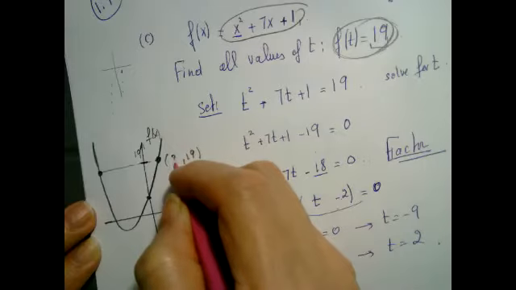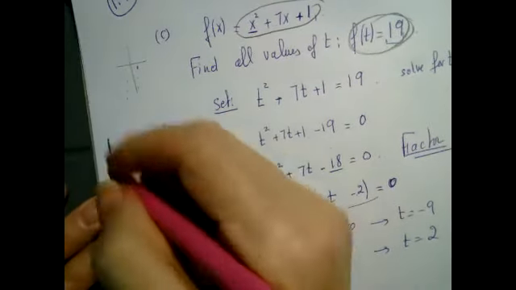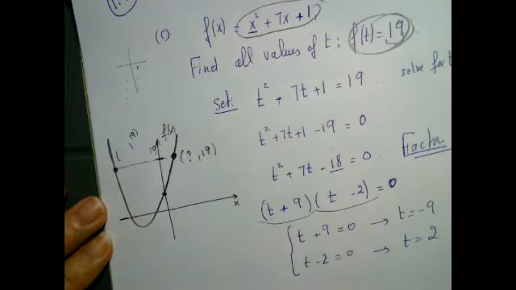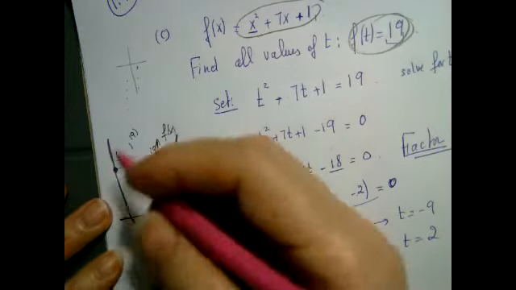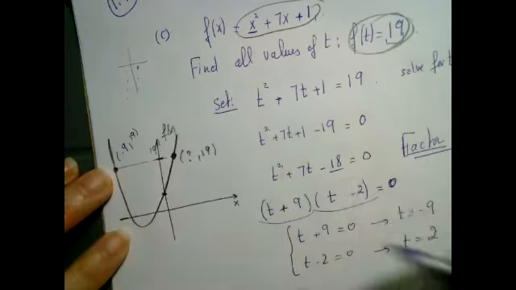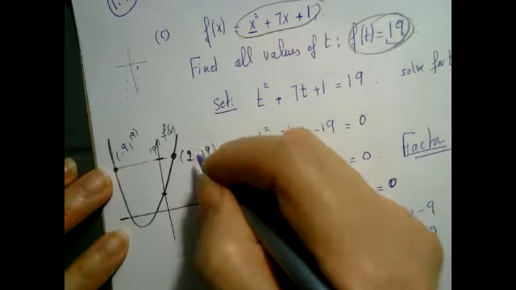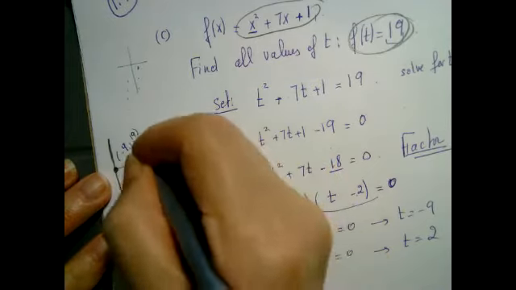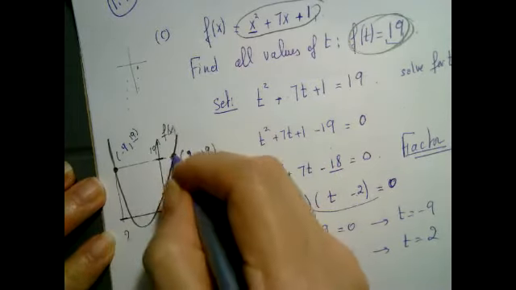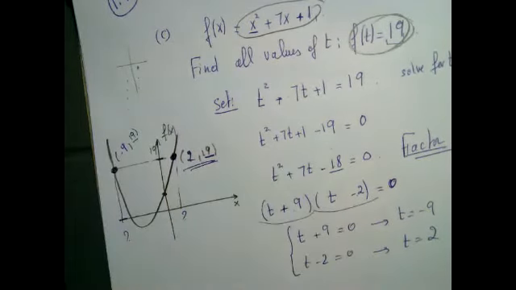They are finding for the input. That's really what's going on. And according to our answer, this had to be the minus 9. And this has to be the 2. So we gave you the output. What is the input? It means what is the number here, so that the resulting point will be on the graph. Okay.